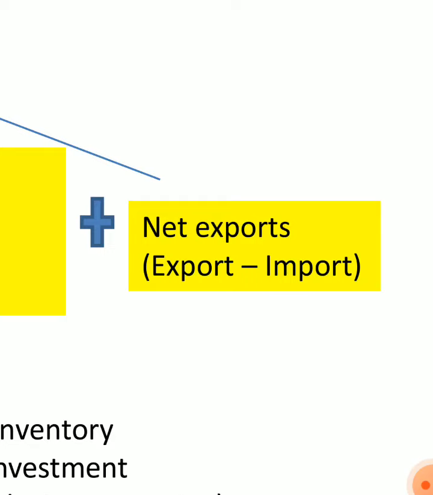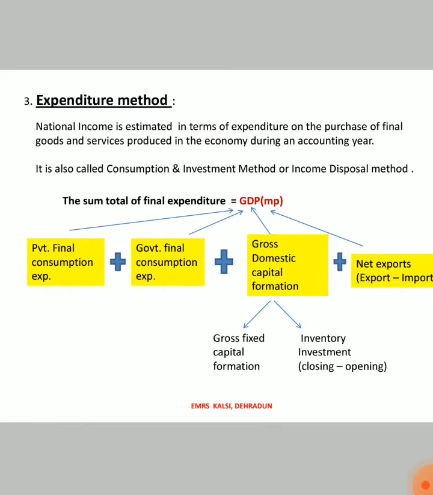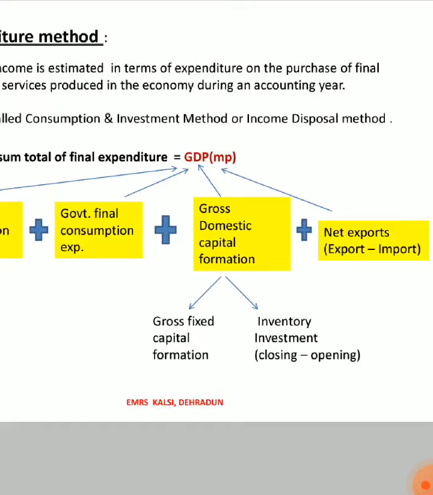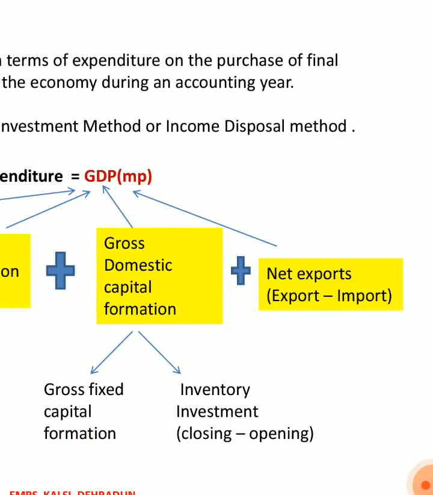Earlier we saw the expenditure made by households, by the government, and by the businessman. Now what is left is external trade with the rest of the world. We make expenditure with the rest of the world, we import materials from the USA, China, or any other place. So we have to add that also, and that is added by the name net exports.